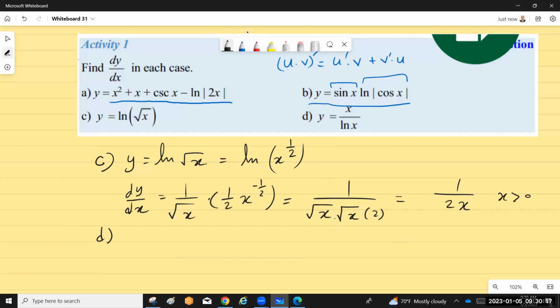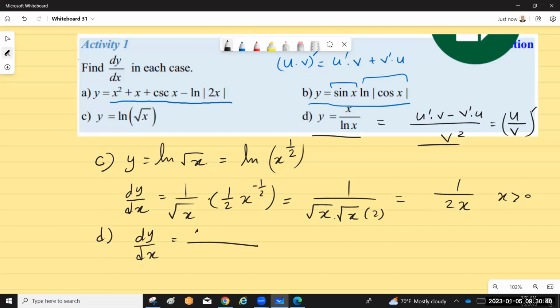Question D. I want to derive this. You remember the rule: over v squared, u prime v minus v prime u. This is the rule for deriving u over v, a function. This is the formula, so apply it.